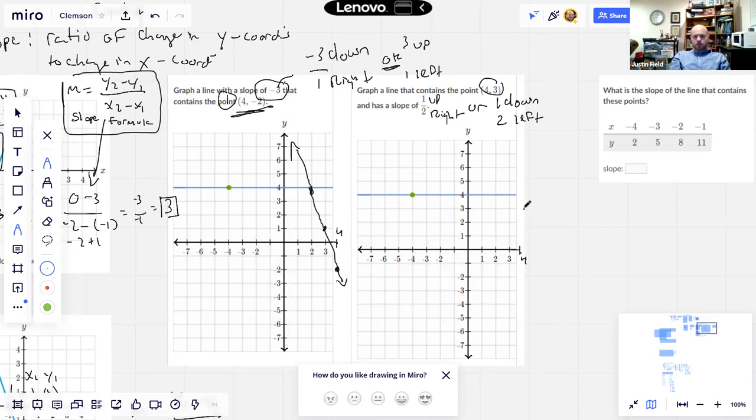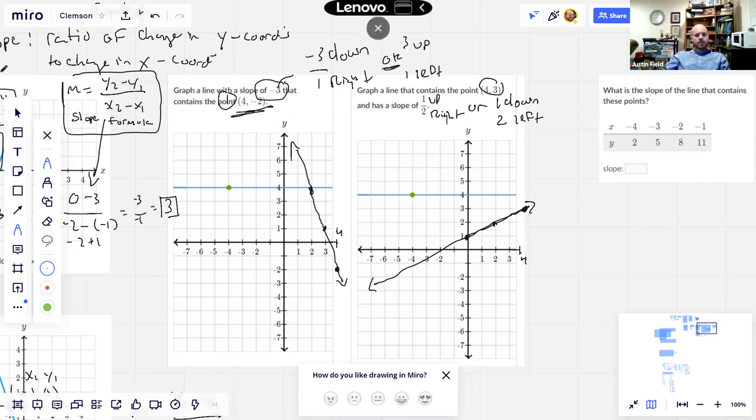We'll put a point at 4, 3, approximately right there. And we could go up 1 and right 2, but I'm off the graph, so I'll go down 1 and left 2. Down 1 and left 2. And you can see we get this line, and it has a positive slope of 1/2.